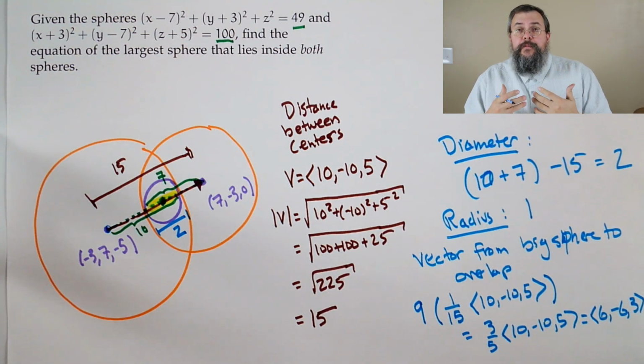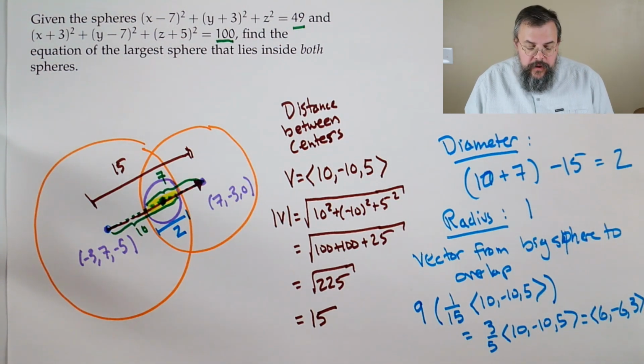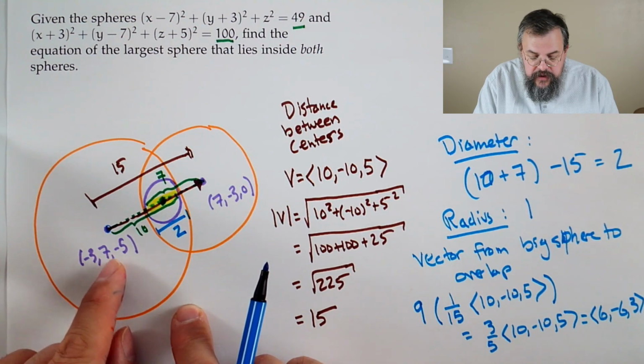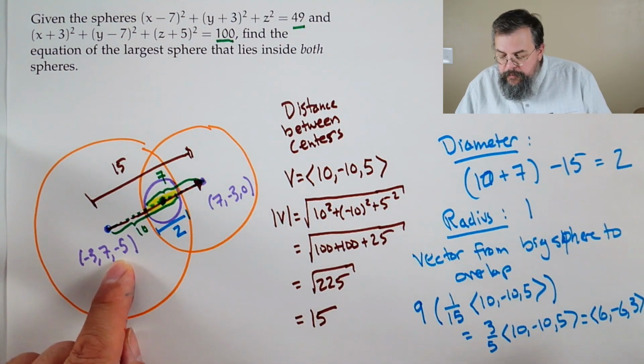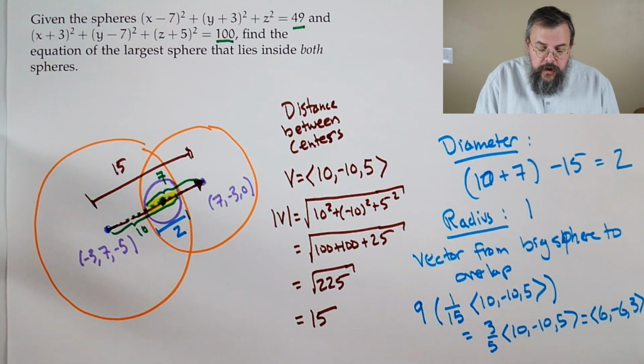You see, oftentimes you might say, well, look, maybe I don't know my answer, but can I get to my answer? And if we can figure that out, then we're in good shape. So we need to figure out: if I start at (-3, 7, -5) and I move by <6, -6, 3>, then where are we at?